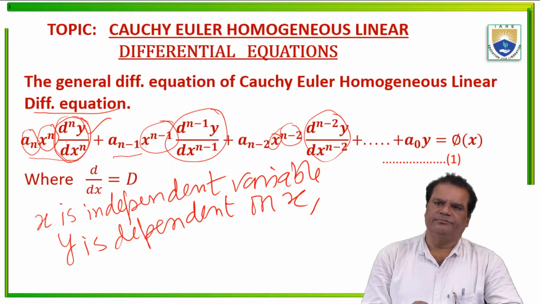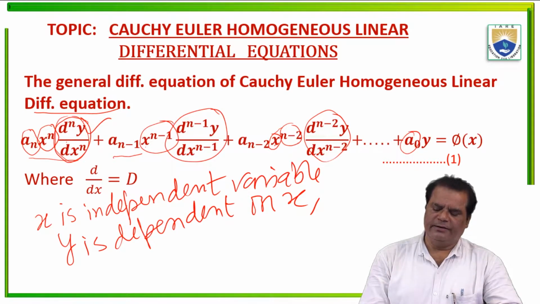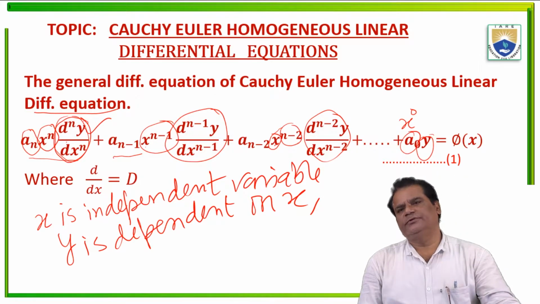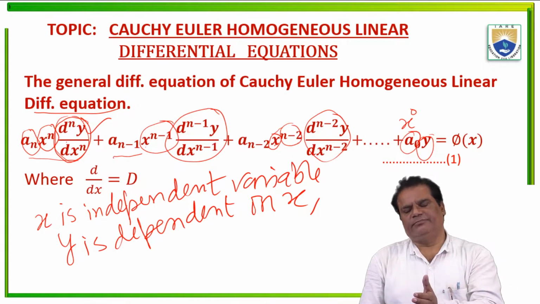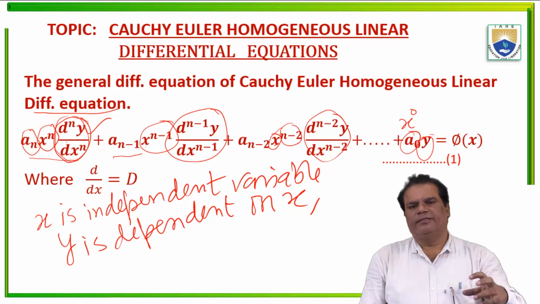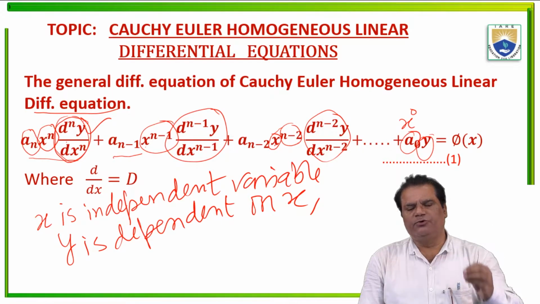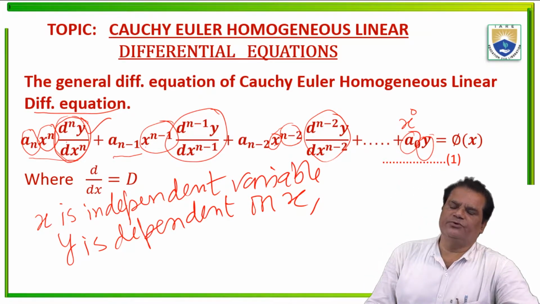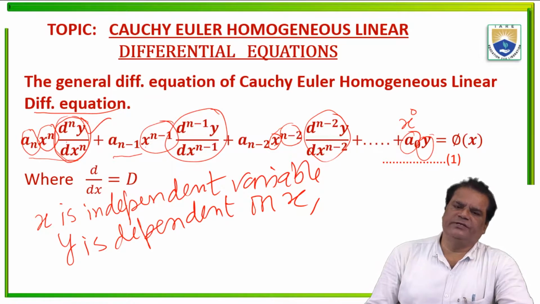Then a_0 is a number, with x to the power 0, and the order of y is 0. From the first term to the last term on the left-hand side, the power of the independent variable equals the order of the derivative in each term, and they are multiplied. Then this linear differential equation is known as a Cauchy Euler homogeneous linear differential equation.